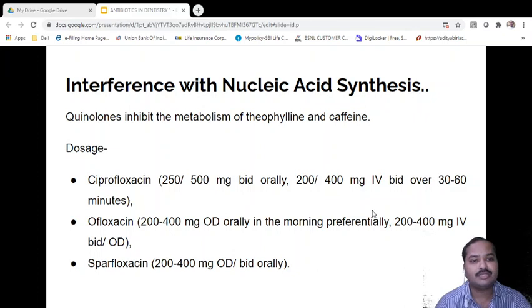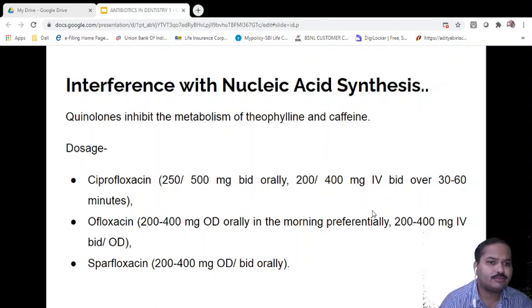Quinolones inhibit the metabolism of theophylline and caffeine. Antacids, zinc-containing multivitamins, or iron-containing preparations may substantially interfere with the absorption of ciprofloxacin. So ciprofloxacin has a certain amount of interaction with commonly taken drugs like multivitamins, antacids, and iron preparations.